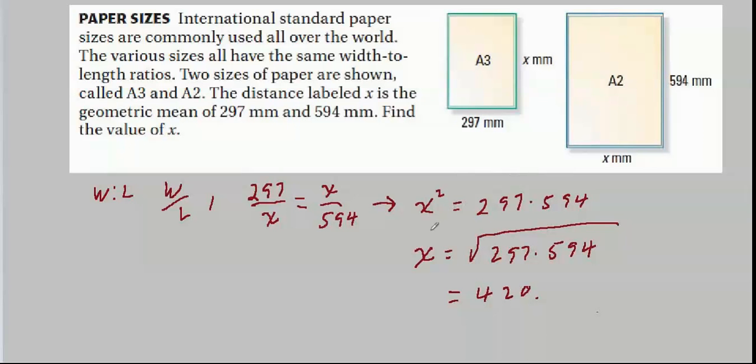What was the other way to do this problem? Well, it leads to exactly the same thing, which makes sense. If you're going to get the same answer, it should, at some point, lead to the same calculation. What is the geometric mean of two numbers? The geometric mean of A and B is just the square root of A times B. Instead of doing all this, I could have just recognized the definition of a geometric mean, which is the square root of the product of these two numbers.